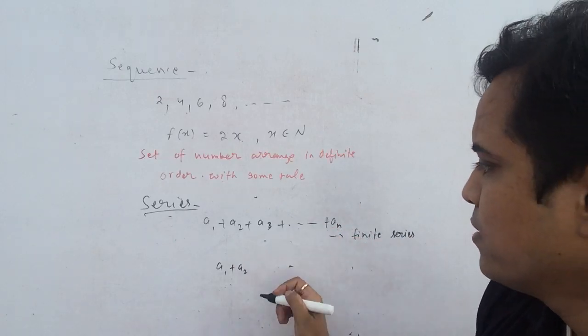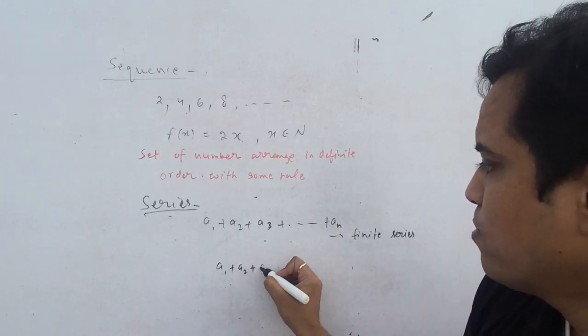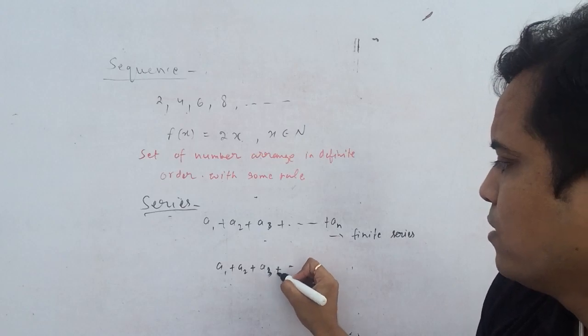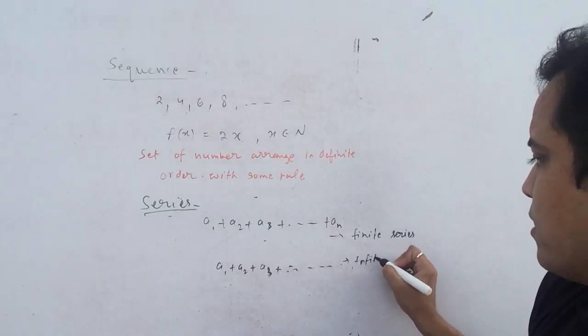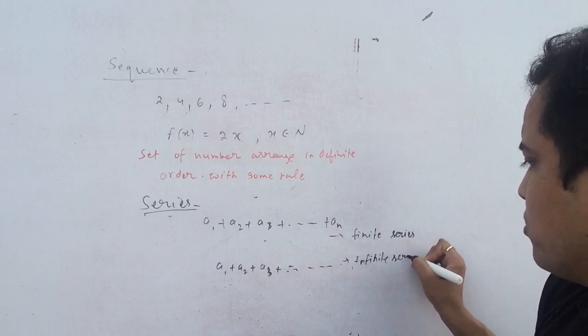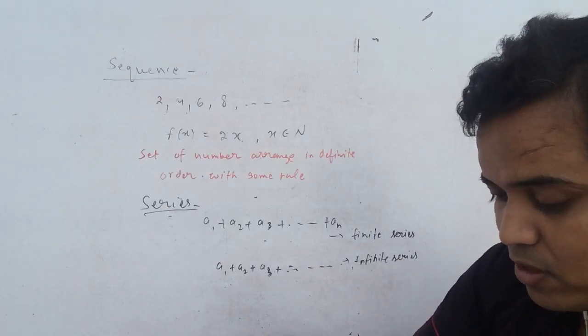But when you talk about a1 plus a2 plus a3 plus and so on, it is called an infinite series.